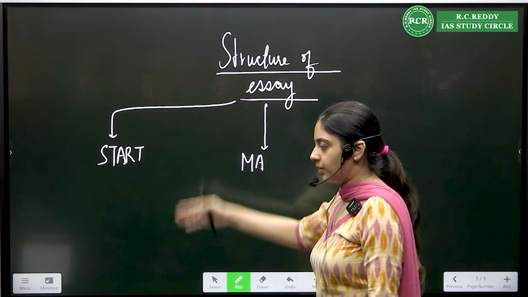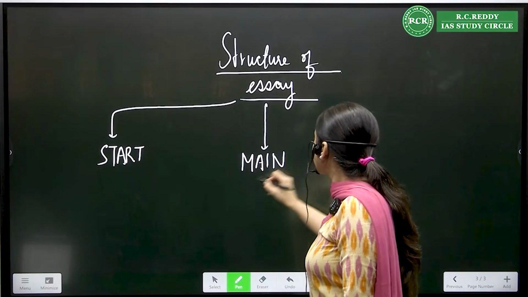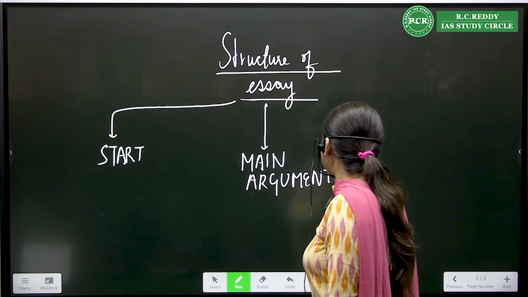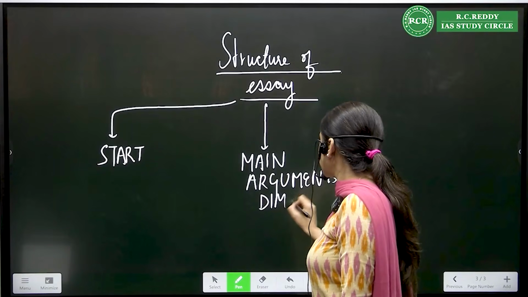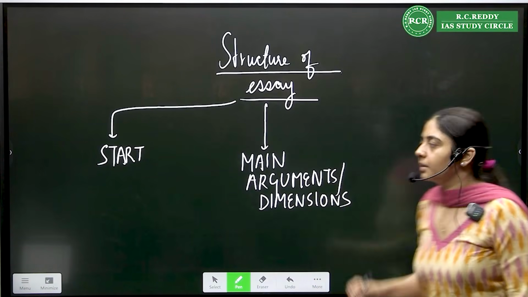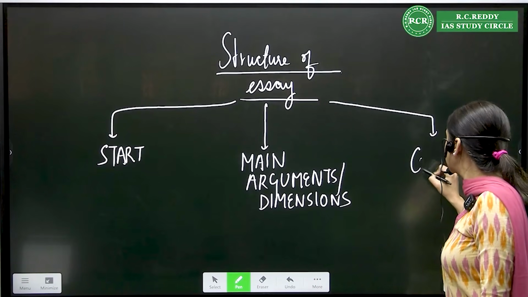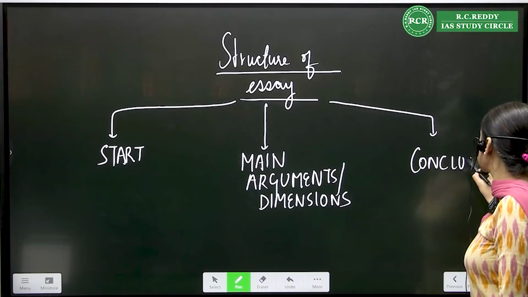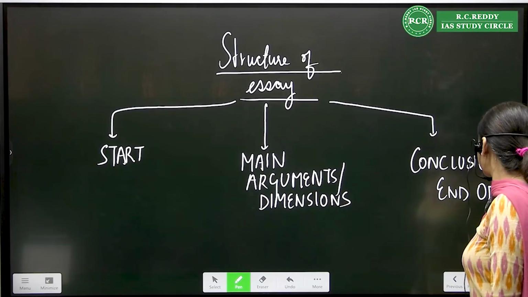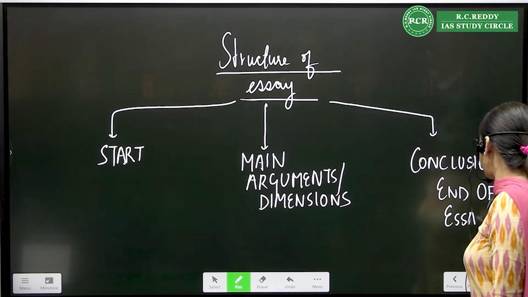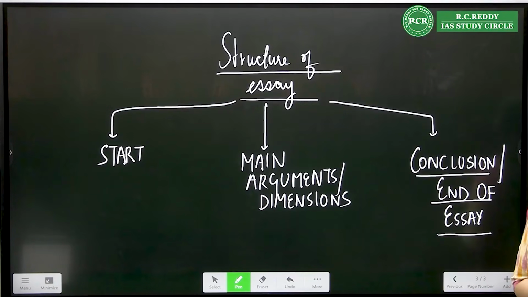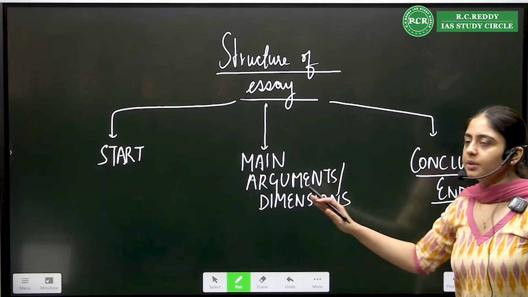Second part will be the main arguments or your main dimensions, and we'll do further classifications also. Then the conclusion or end of your essay. Now these will be the three main parts.